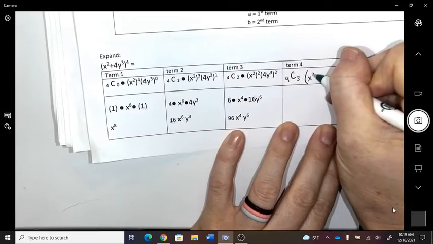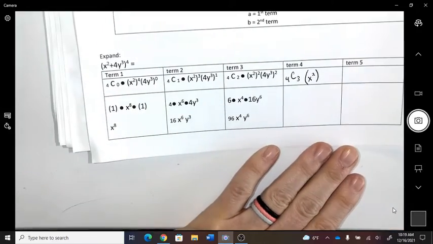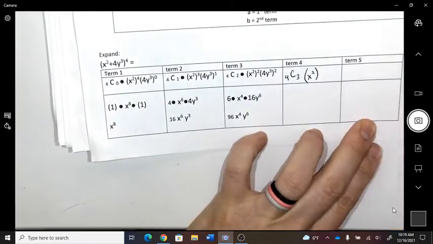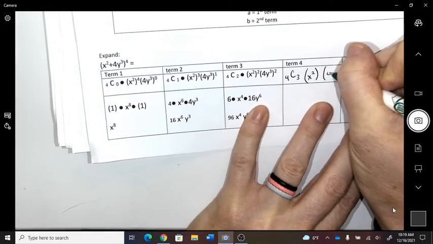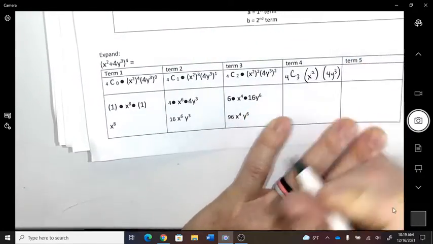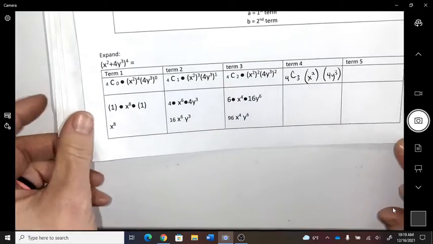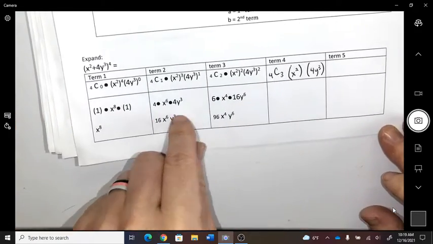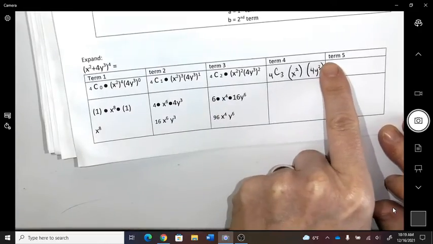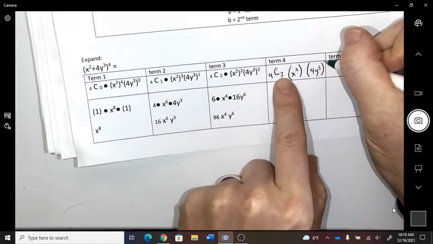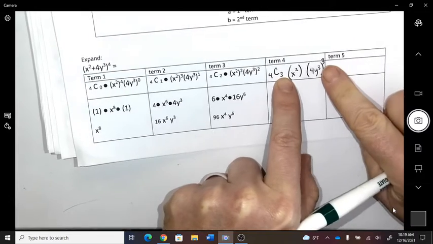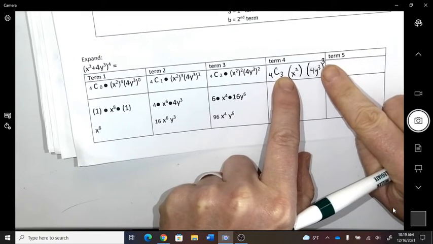The first unit in the binomial is an x squared. And the second unit is 4y cubed. Okay, the exponent on the second part matches the choose number.